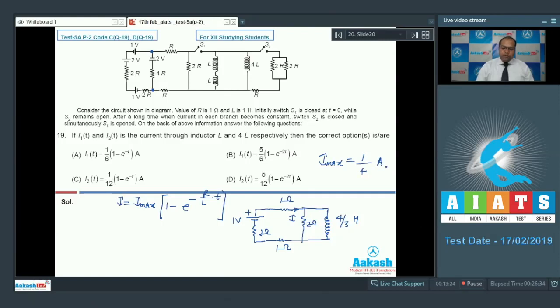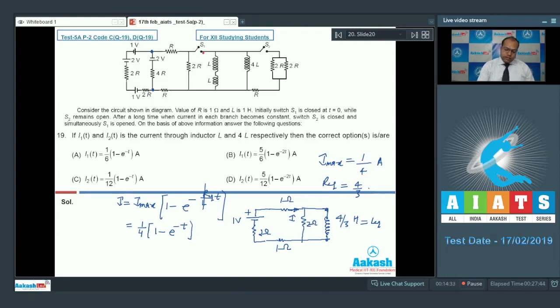So this is 1 by 4 ampere. In order to calculate R equivalent about the inductor, the battery is shorted, and about these 2 points R equivalent comes out to be 4 by 3, that is 4 into 2 divided by 4 plus 2. The values of R equivalent and L equivalent are the same, so R by L cancels out. So at any time t, this will be 1 by 4 into 1 minus e raised to the power minus t.